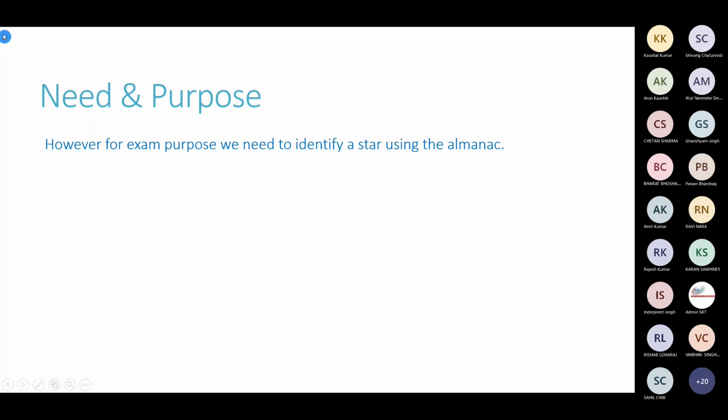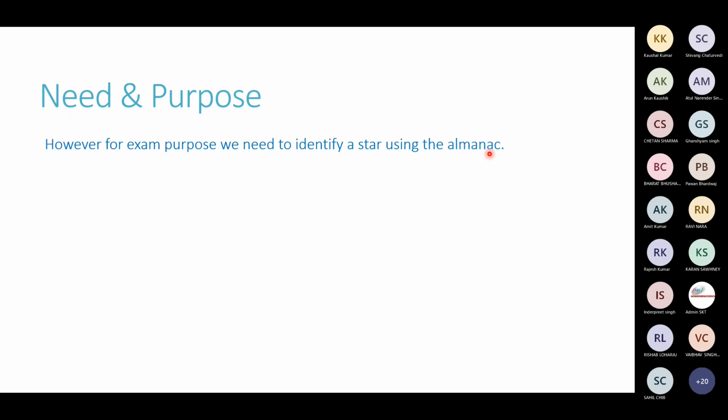Now, when this question comes in our exams related to star identification, we are not given a star finder, nor we have access to our phones. So for examination purpose, we will need to identify the star using the almanac information only.